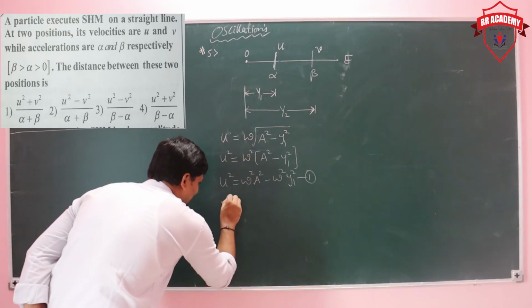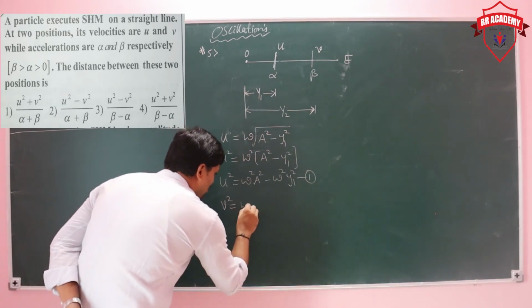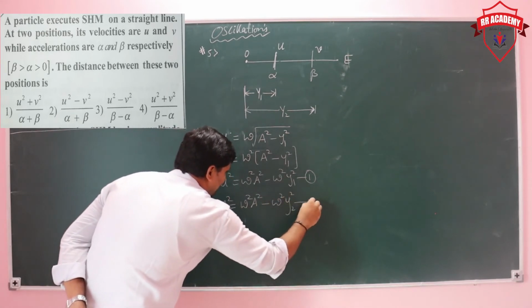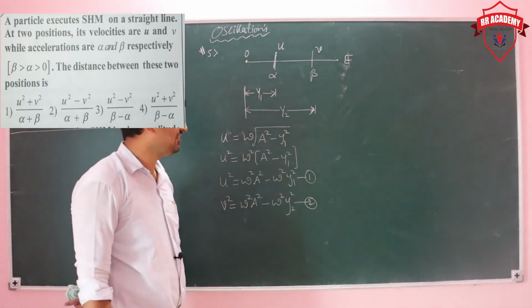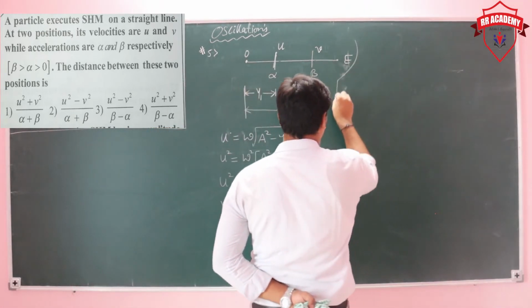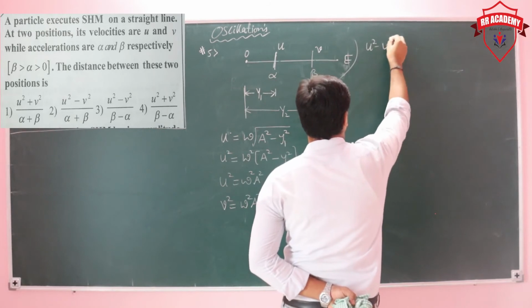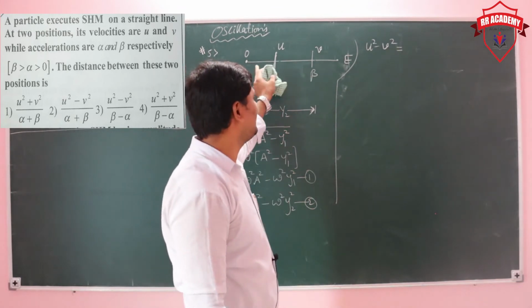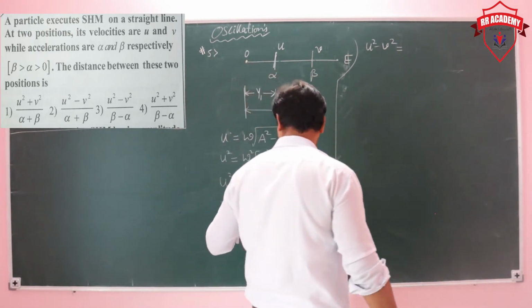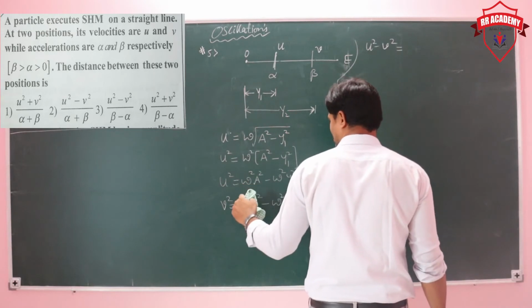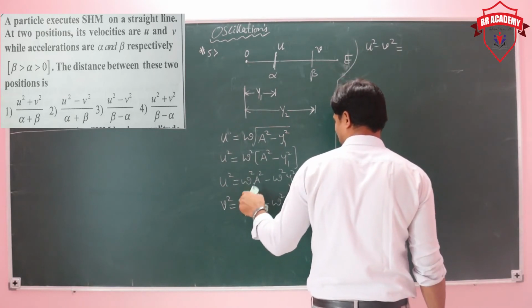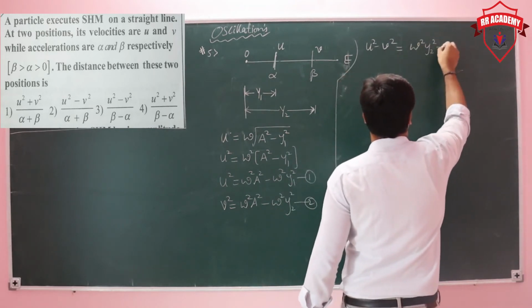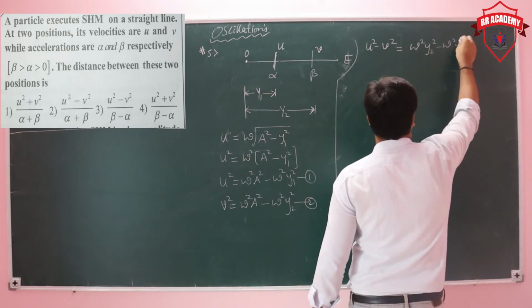Then the velocity of the second: v square equals omega square a square minus omega square y2 square. Take it as equation 2. For convenience, I am taking u square minus v square, since u is numerically greater than v because it is nearer to the mean position. Now omega square a square cancels in both, and what remains is omega square y2 square minus omega square y1 square.